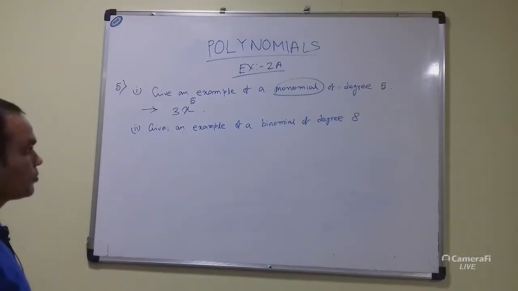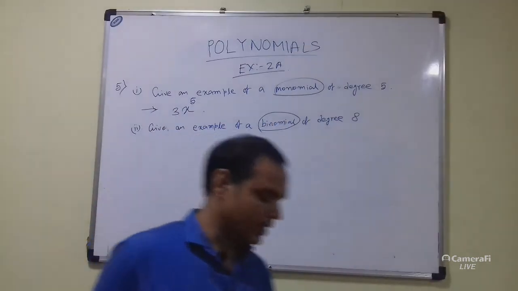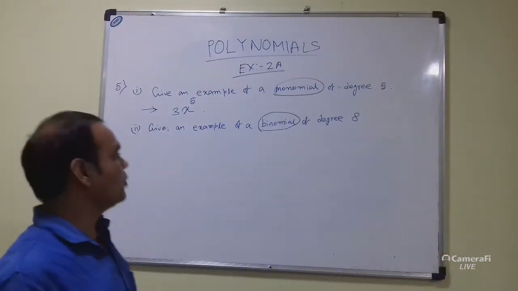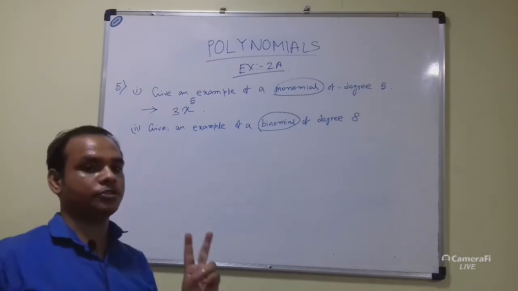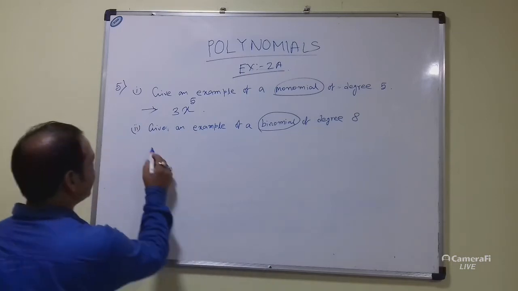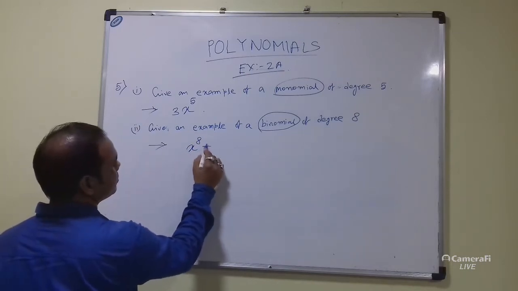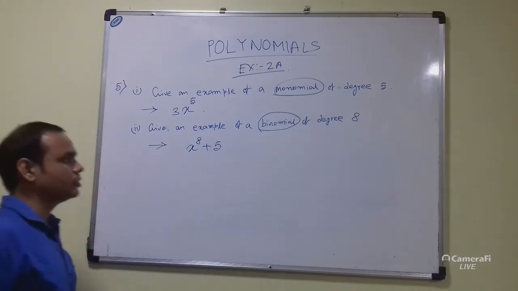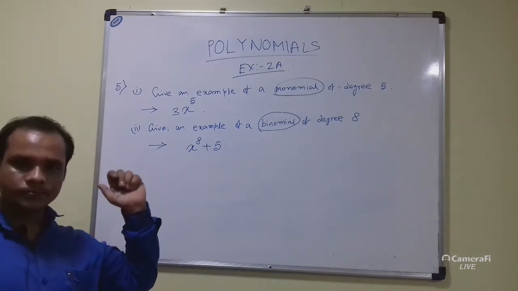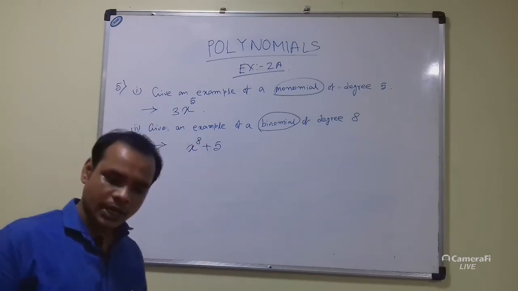So here also you have to know about binomial. What is a binomial? If an expression has two terms, then it's called a binomial. So we can write here x to the power 8 plus 5. It's a binomial of degree 8. Understood?